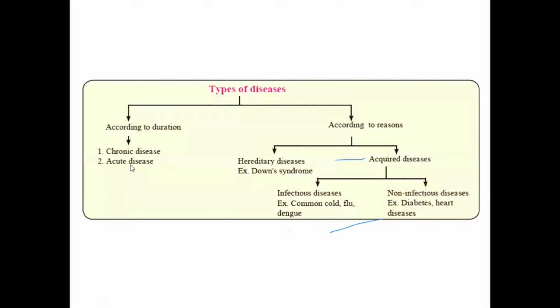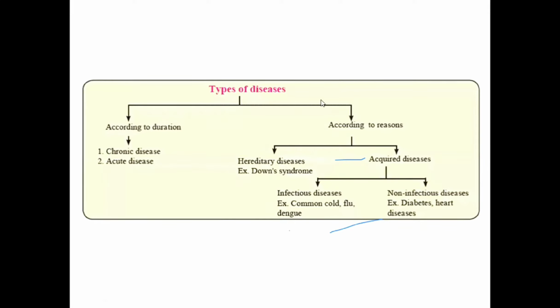Acute diseases are those which stay for a shorter period of time, like flu or cold. So these are the two types, chronic disease and acute disease, which are made due to the duration.